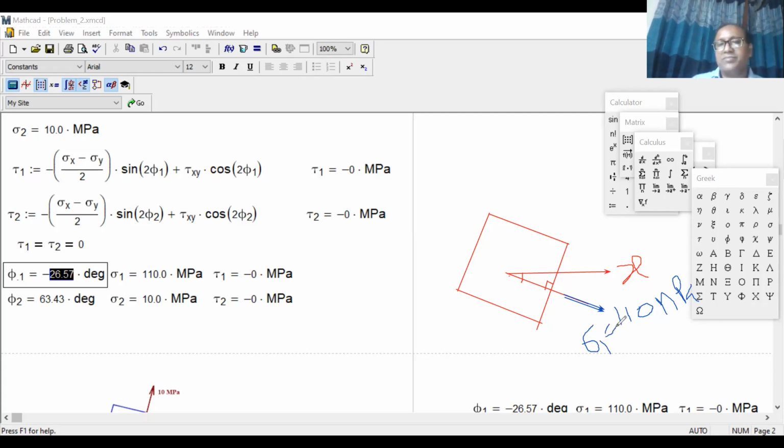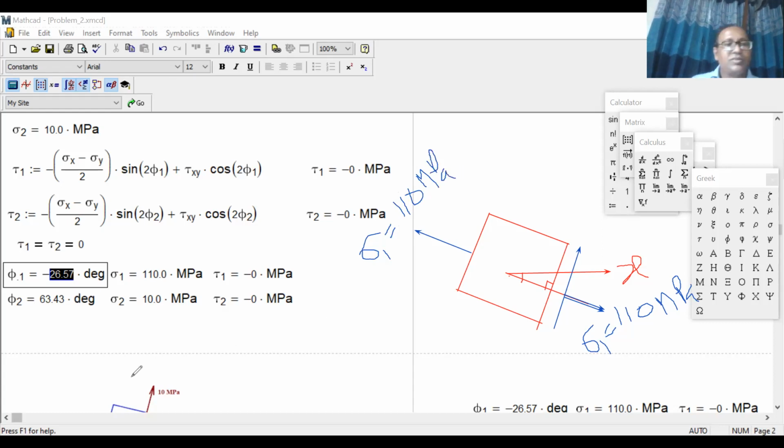Now on this face, there will be tau 2, but tau is coming as 0. That means tau is actually 0. So you can avoid it or you can put an arrow. So I am putting an arrow. But this value is 0. Now what about this side? This side you got 110, sigma 1. So obviously this over here has to be 110. So over here you say sigma 1 equal to 110 megapascal.